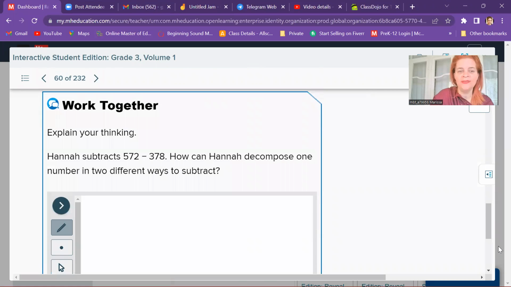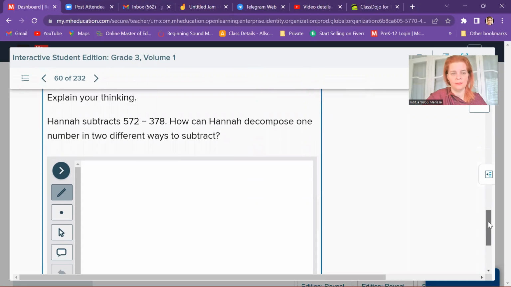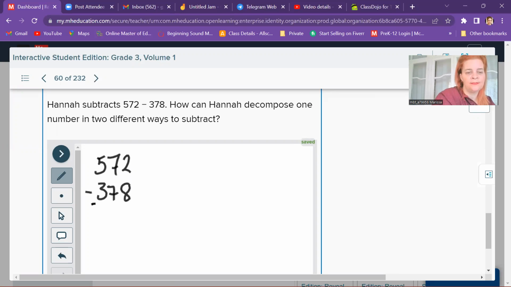Now this one is 572 and 378. So first we're going to do it the short way, and then I will take the Jamboard and show you the other way. Okay, so 572 minus 378 equals 500 plus 70 plus 2.